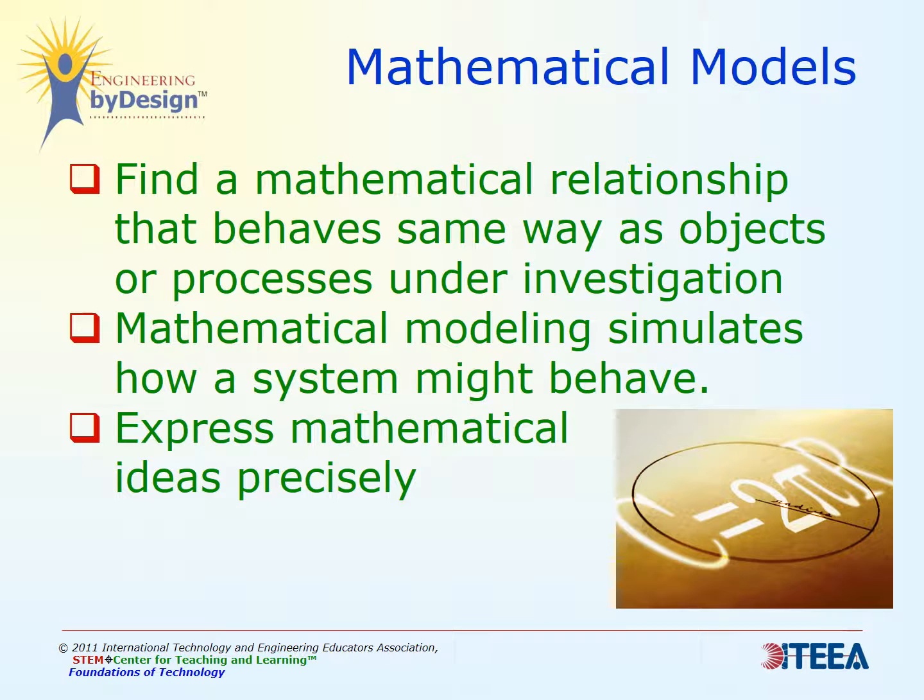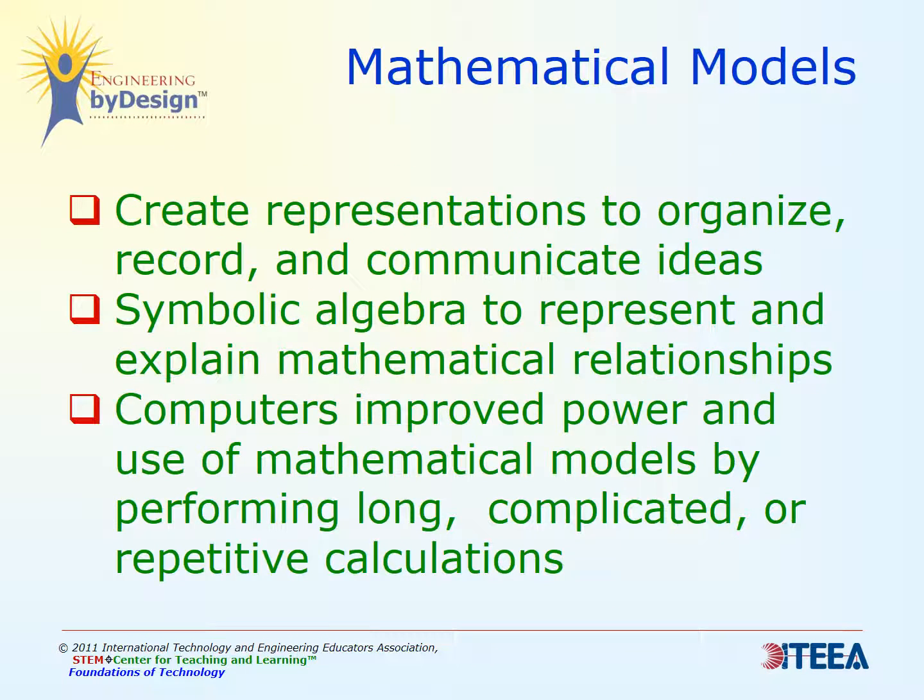You express your mathematical ideas precisely. You're looking at the circumference here. Circumference equals 2 pi r. 2 times pi, 3.14, times the radius. You're using mathematical equations. Mathematical models create representations to organize, record, and communicate ideas.